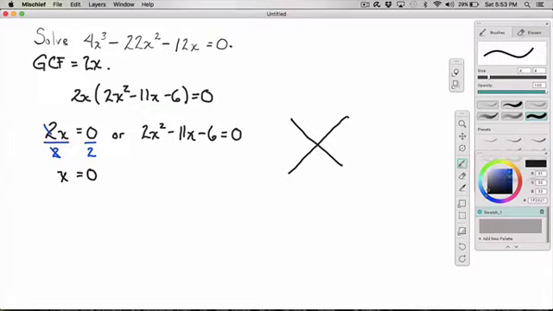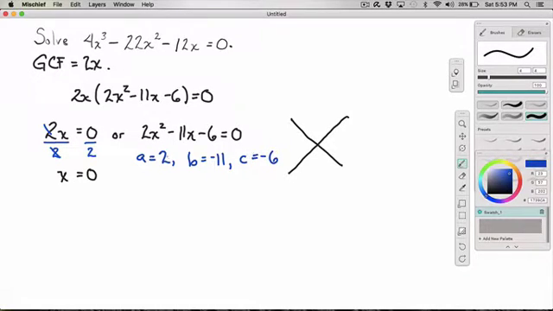I'll write this down below: a is 2, the coefficient on the x squared. b is negative 11, and c is negative 6.